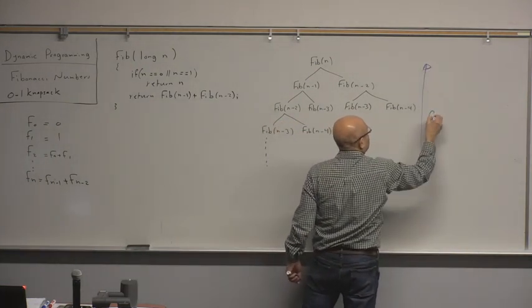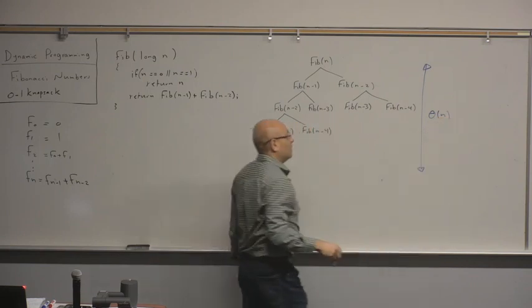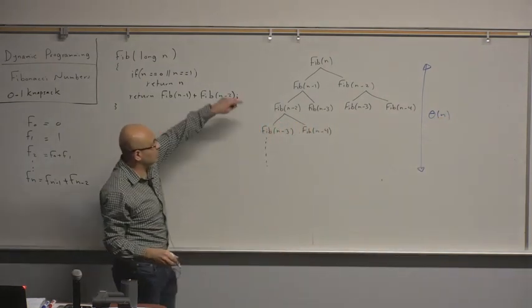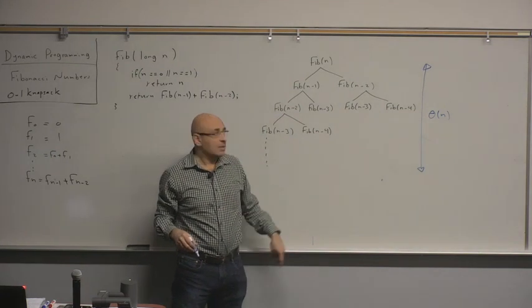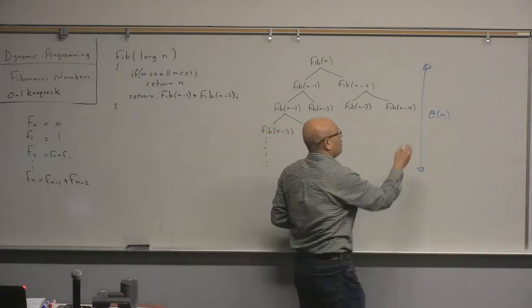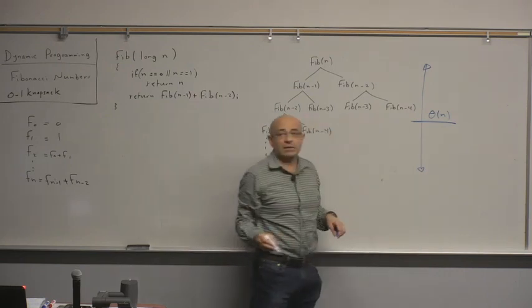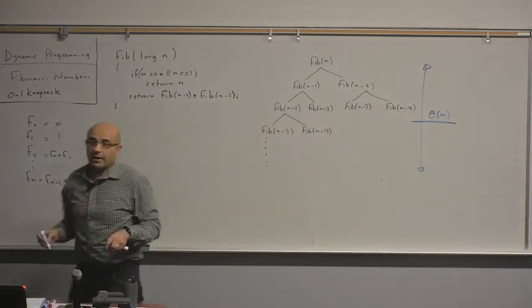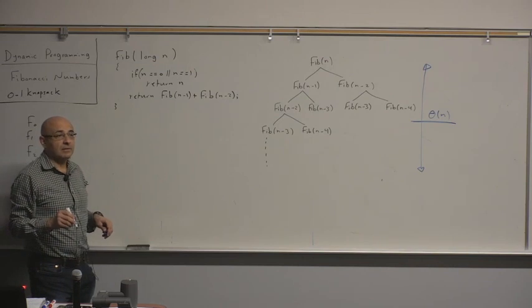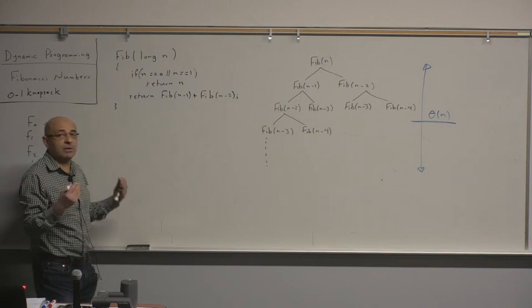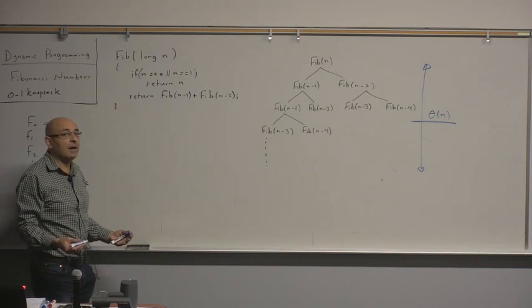Yeah, so the height of this tree is going to be theta of n, because you go from n all the way to 1 or 0. Now, if there is a tree with height theta of n, how many nodes will the tree have? What's the mathematical relation between the number of nodes in a tree and the height of the tree?